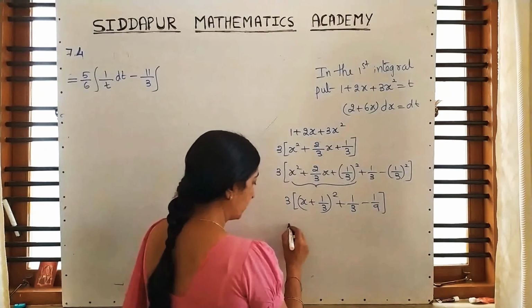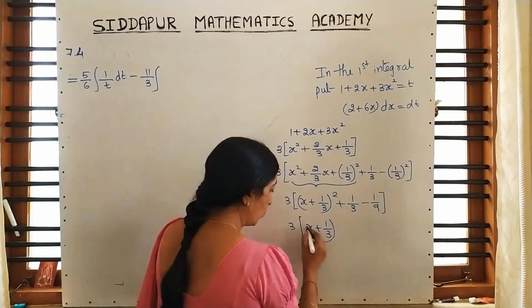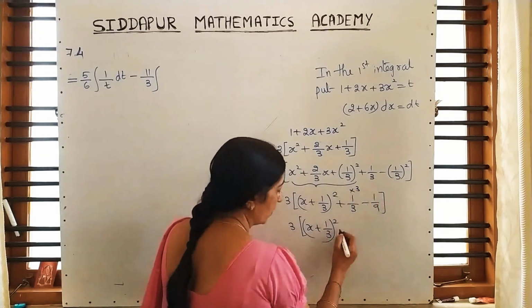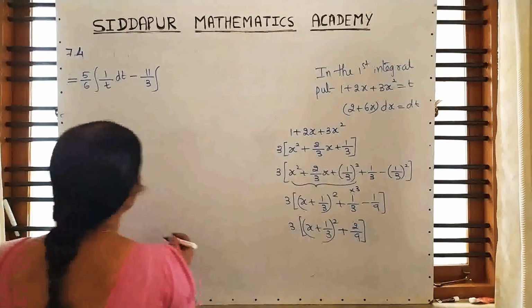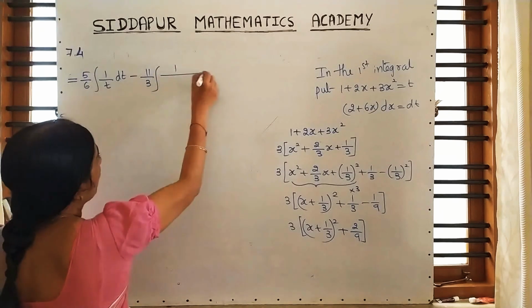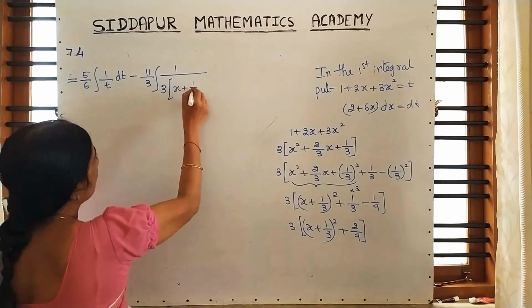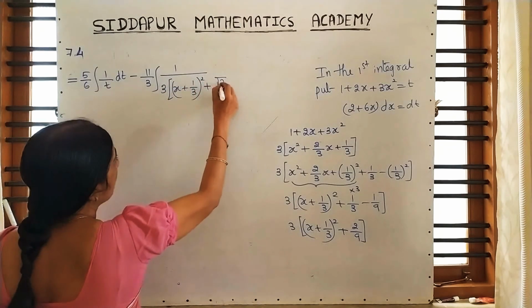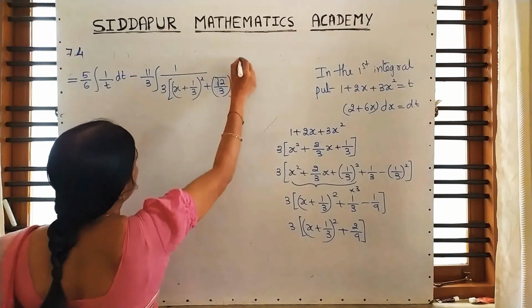LCM is 9. 3 in the bracket, x plus 1 by 3 whole square, LCM is 9. It is multiplied with 3. 3 minus 1 is 2, plus 2 by 9. This is 1 upon 3 in the bracket, x plus 1 by 3 whole square plus 2 by 9, that is root 2 by 3 whole square into dx.